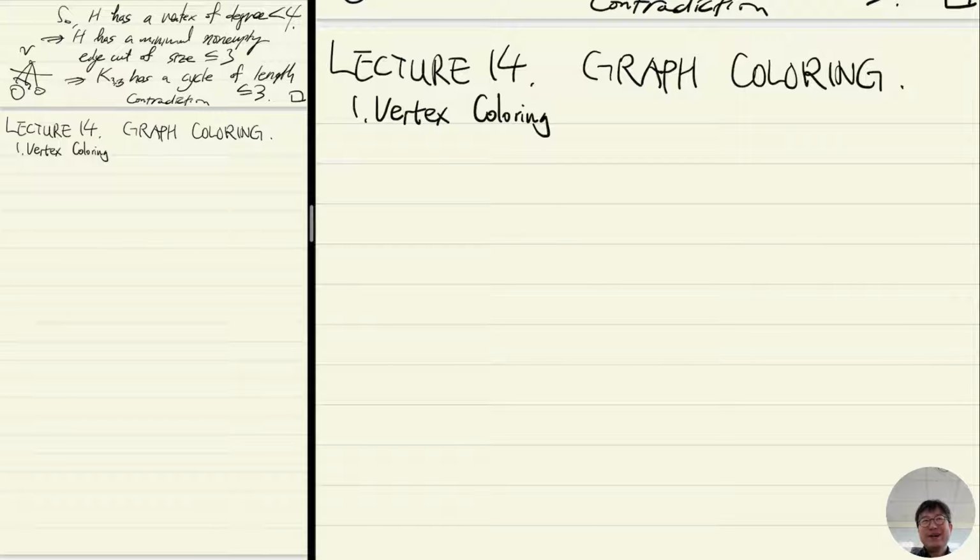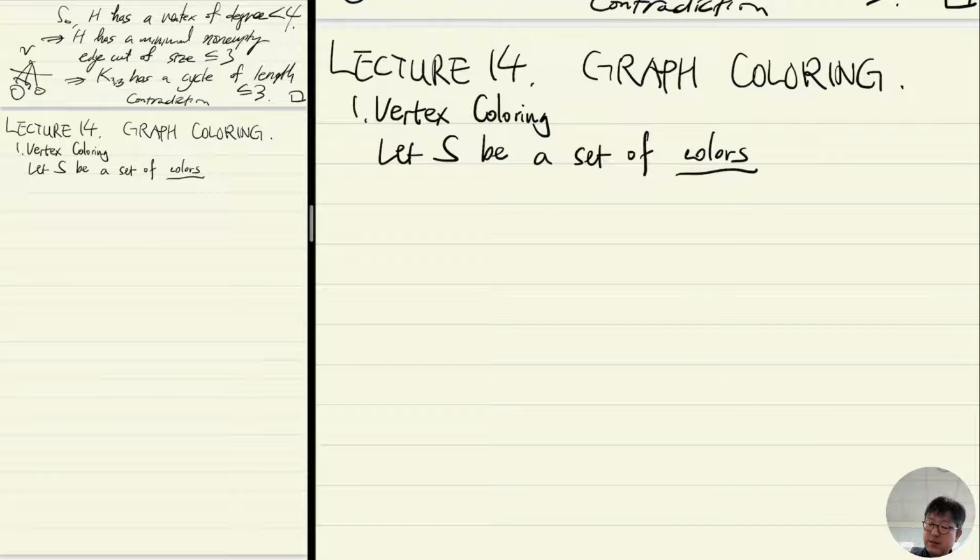So what is vertex coloring? Let S be a set of colors, could be numbers.